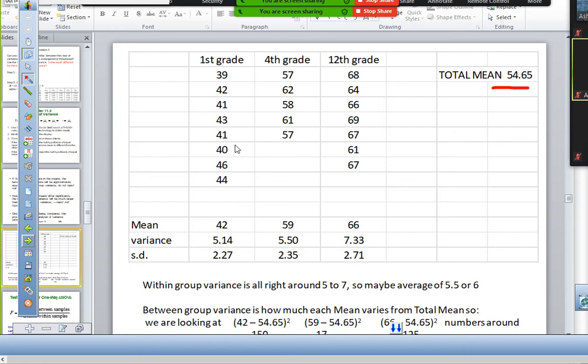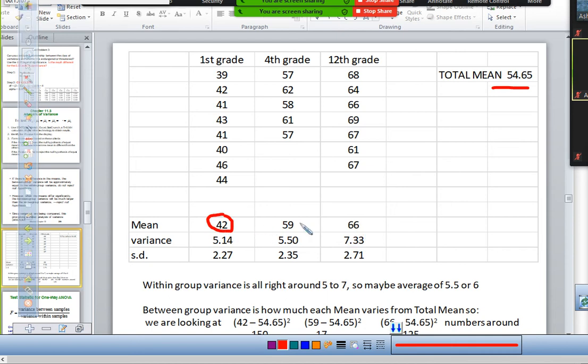My first graders have an average of around 42 inches, with a small variance of maybe 5 inches. And the fourth graders have a variance of around 5.5, and the 12th graders may have a little more. But if I look at the variance between these, between 42 and 66 and 59, those are much bigger. Those distances are like 24 inches.